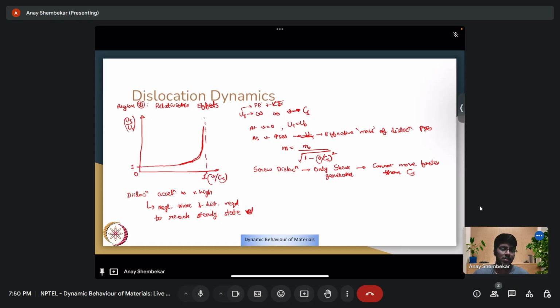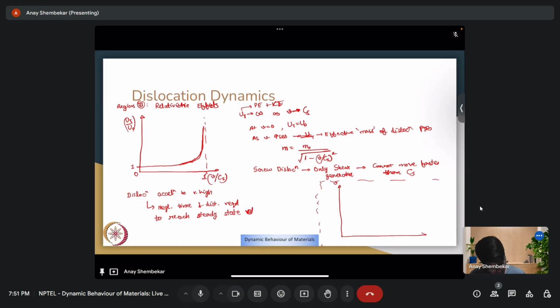Negligible distance would be basically something that is angstrom or sub angstrom length, because the lattice parameters are themselves on the order of 1 angstrom up to a nanometer. What we are saying is that even before the dislocation has moved a single unit cell, it would have already achieved its steady state velocity.